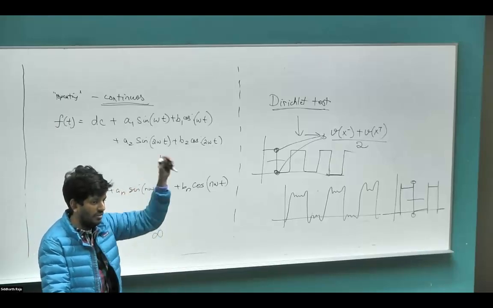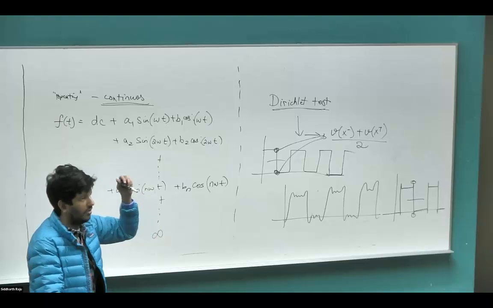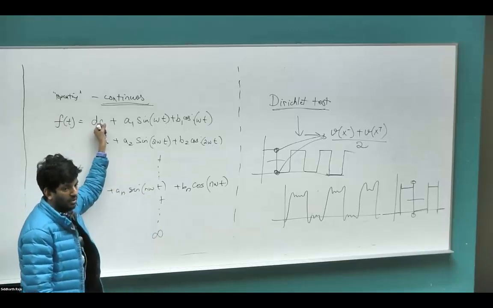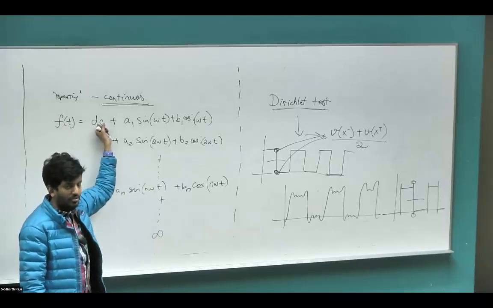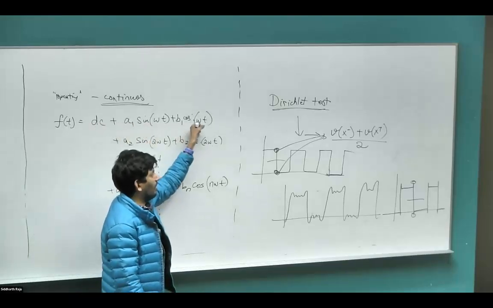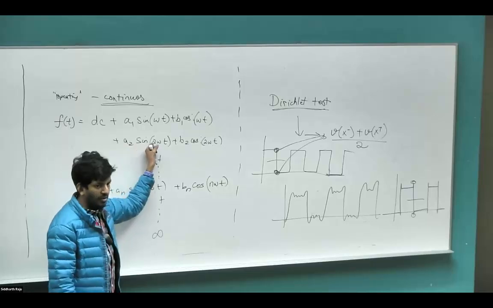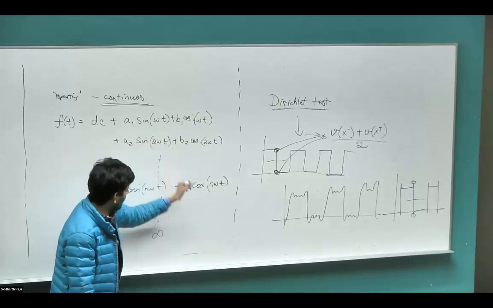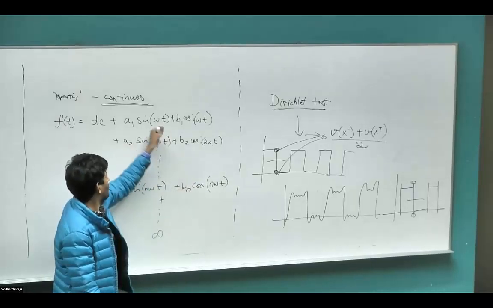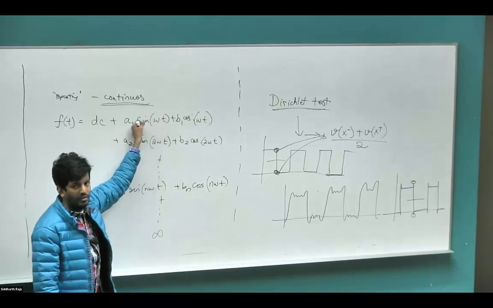The sine wave has equal positive and negative components, so the value is going to be 0. If I integrate the DC term times sine omega t over one full cycle, it's going to be 0. If I integrate sine omega t cos omega t over one full cycle, it's going to be 0. If I integrate sine omega t sine 2 omega t over one full cycle, it's going to be 0. Every single term will end up giving 0, except for this one term, which will become sine square omega t.